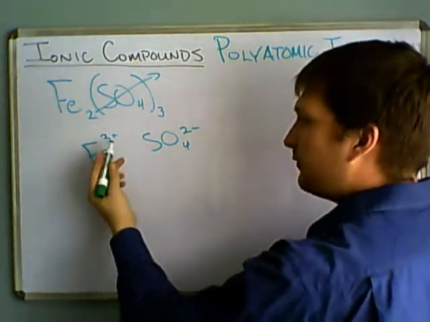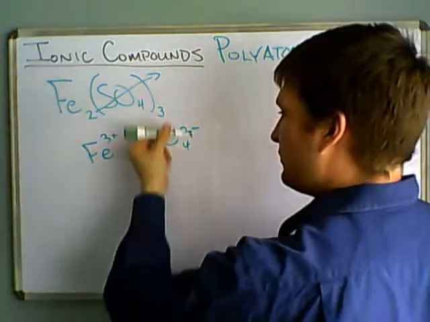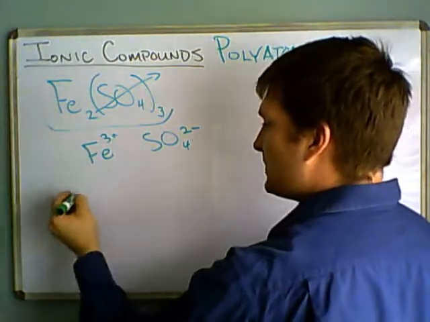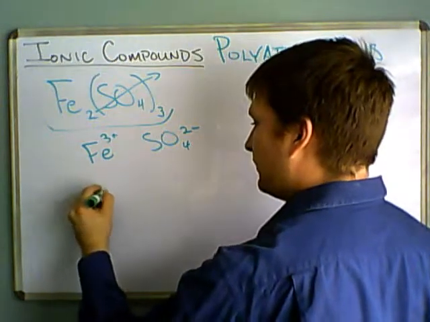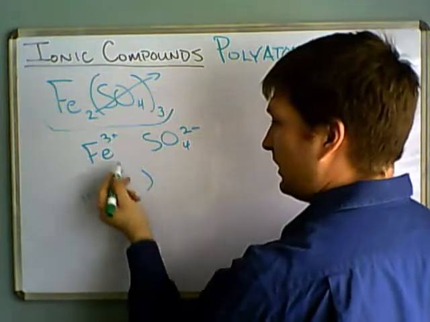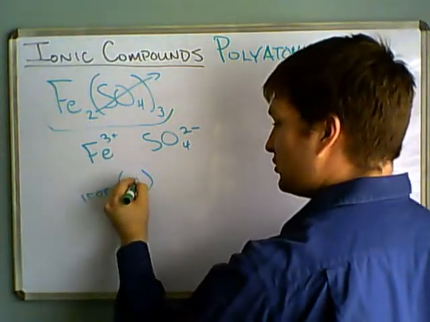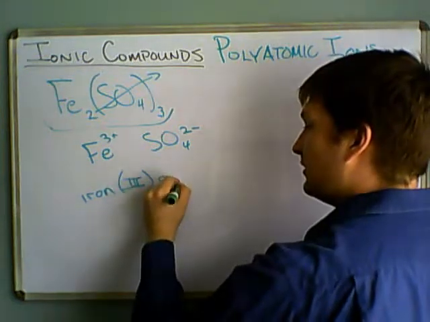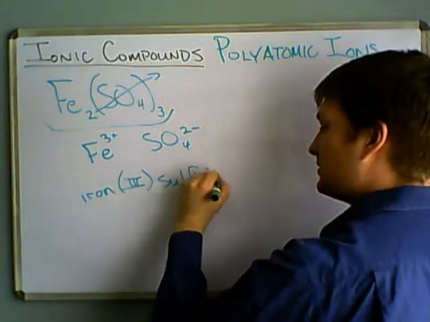Then we can run it in reverse and say, if I cross those, I would end up with this, so I'm good. So this must be iron, and since it's a transition metal, we have to specify, and we see that it has a charge of 3+, so iron 3 sulfate.